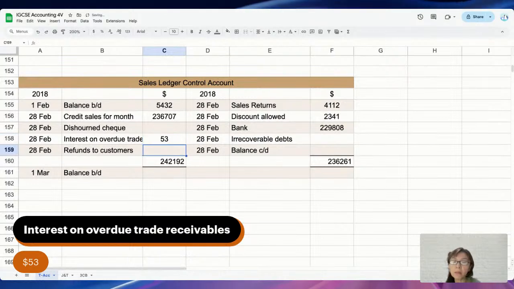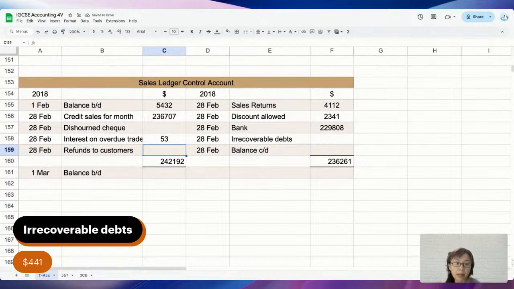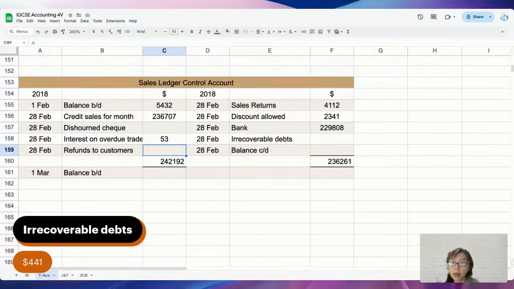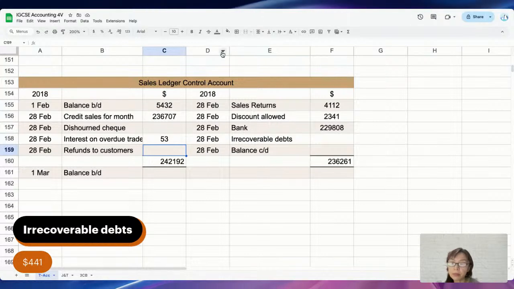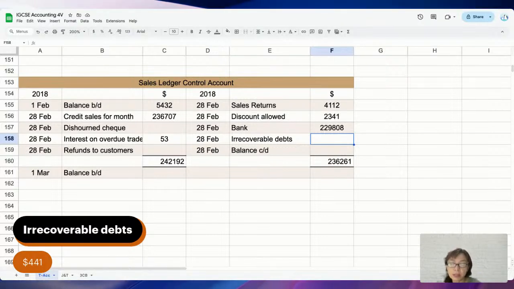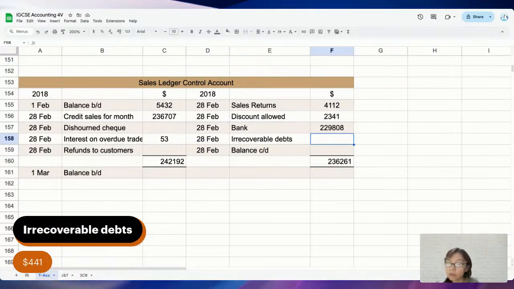It means the amount owing to you is increased, so it's on the debit side. Then irrecoverable debts is 441, so it's bad debt. So you see, bad debt means canceling off, it is reducing the sales. So that's why it's on the credit side.